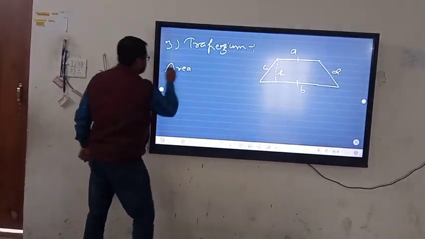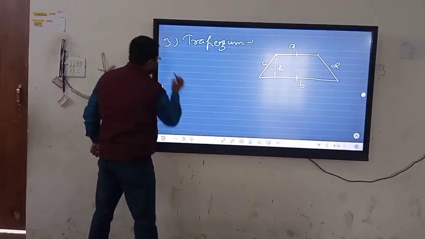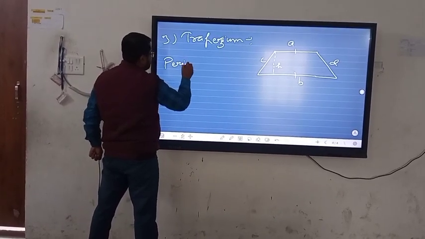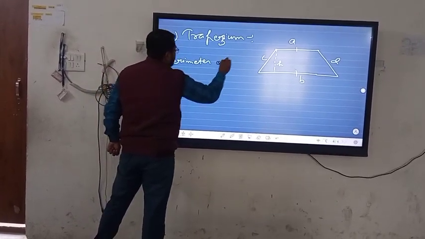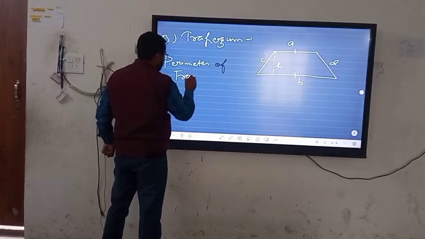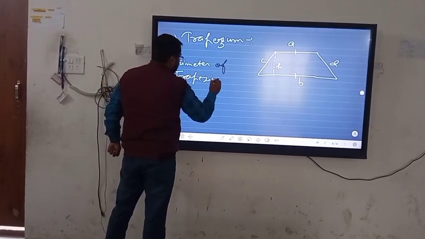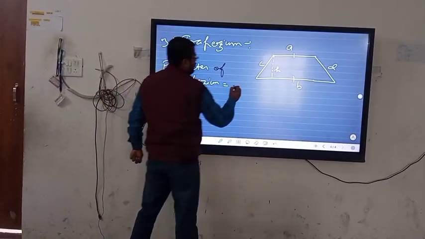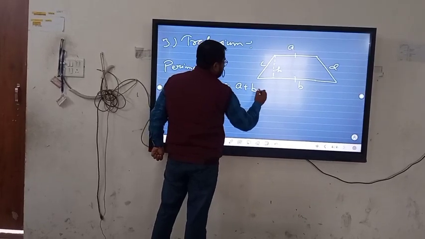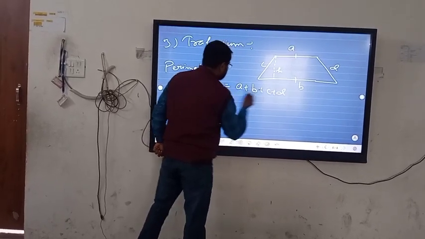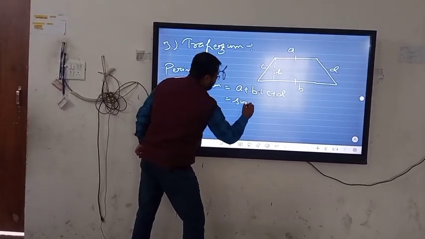So first, perimeter of trapezium equals to A plus B plus C plus D, means sum of all sides.